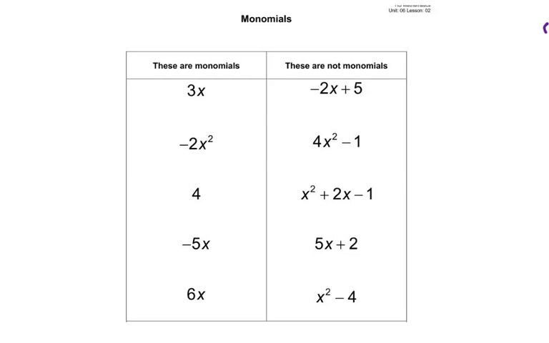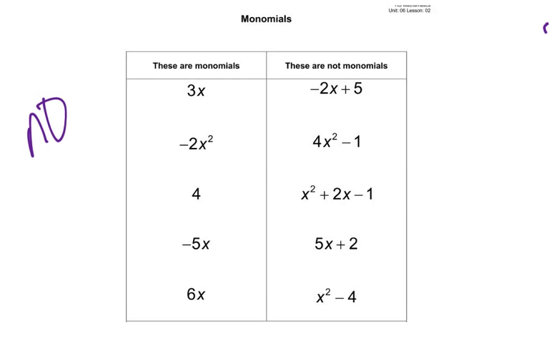All of these on the right are not monomials. Negative 2x plus 5, 4x squared minus 1, x squared plus 2x minus 1, 5x plus 2, and x squared minus 4. So look at them and think, what do all of the ones on the left have in common that does not happen in the ones on the right?